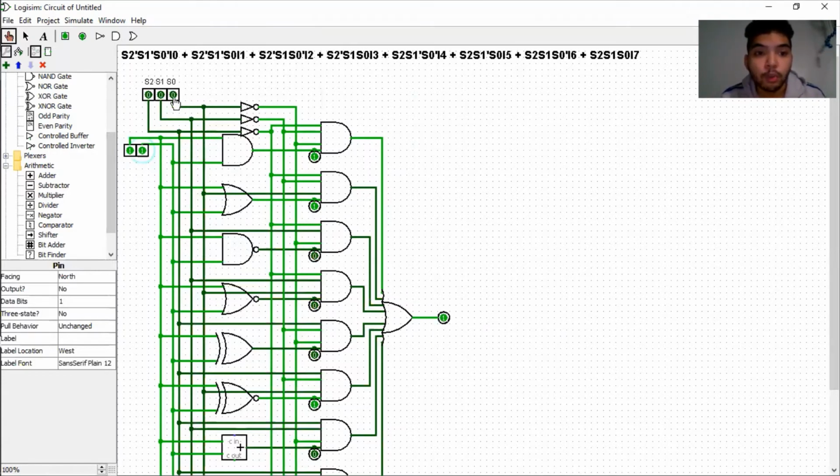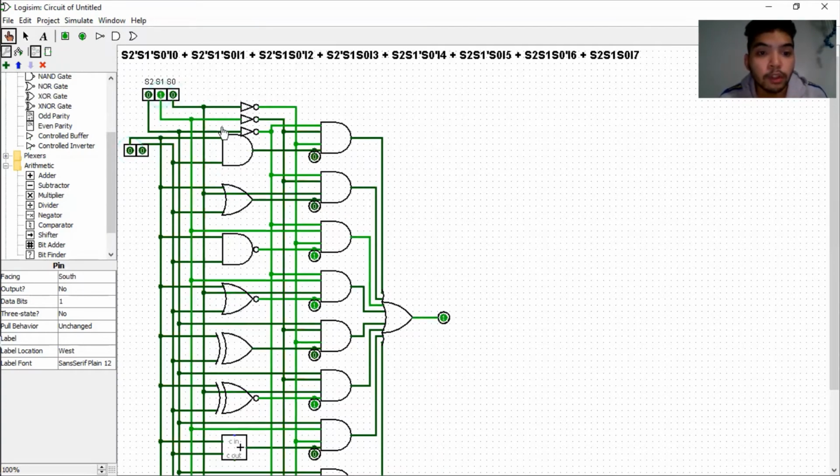So if we change it to 1, the expected output must be the same for our second input. So as we can see here, this is 1 and this must also be 1. This is 0 and this must also be 0.